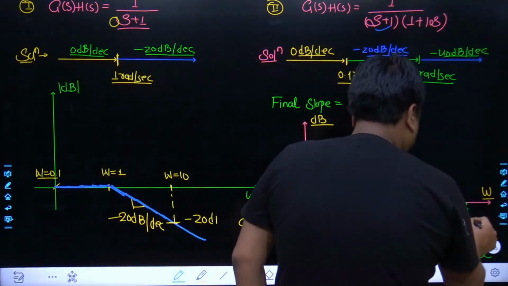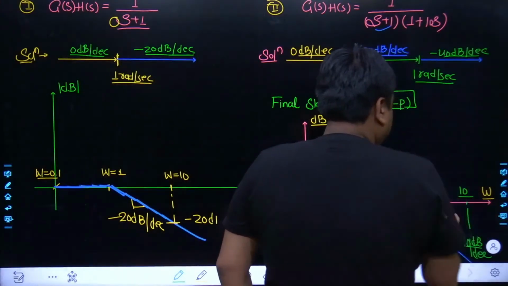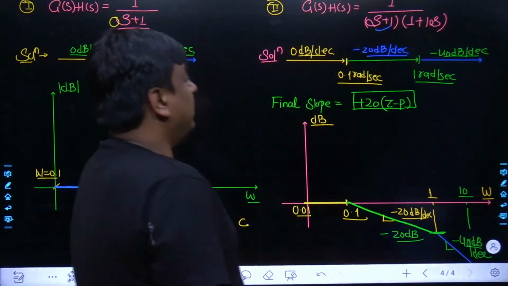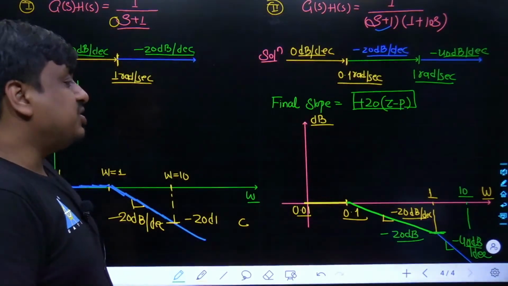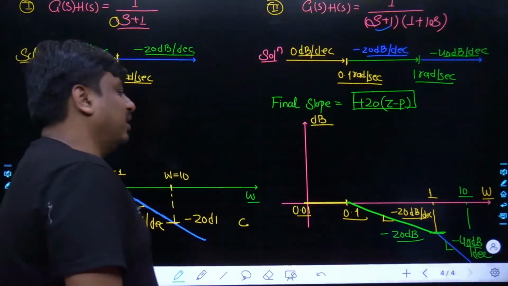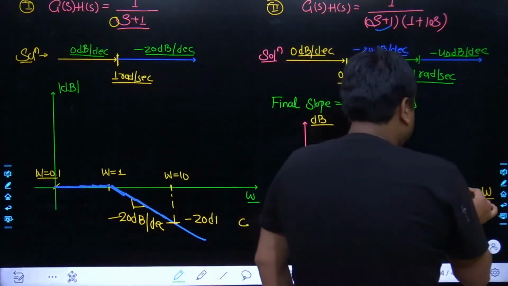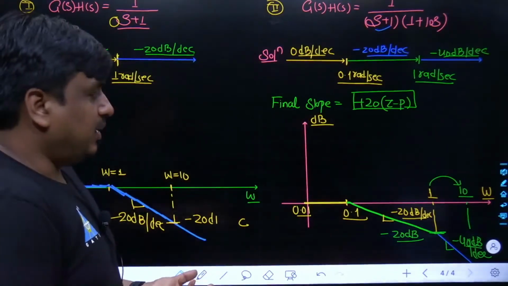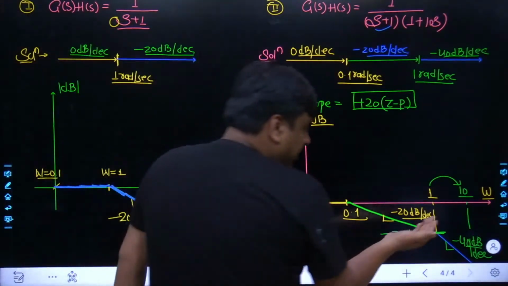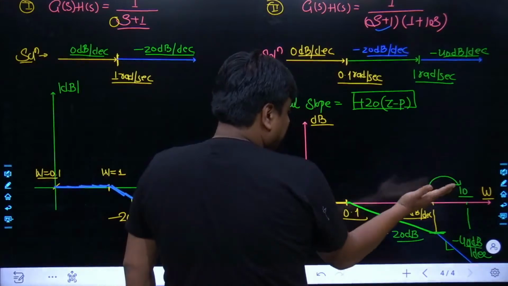Let me take the reference of omega equals 10. In between 1 to 10, the rate of decrement of the magnitude is 40 dB. That means in each decade, the magnitude is going to shrink by 40 dB. So from 1 to 10, there is a jump of 1 decade, so the magnitude would be reduced by 40 dB from the earlier magnitude.